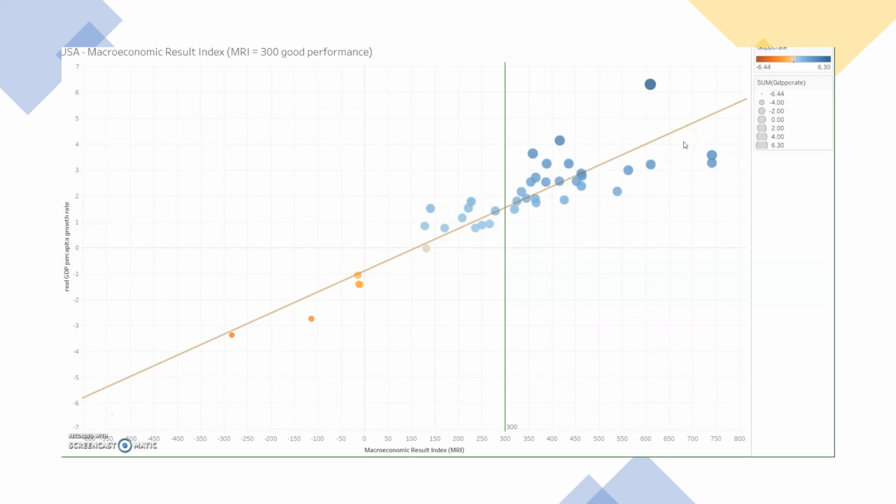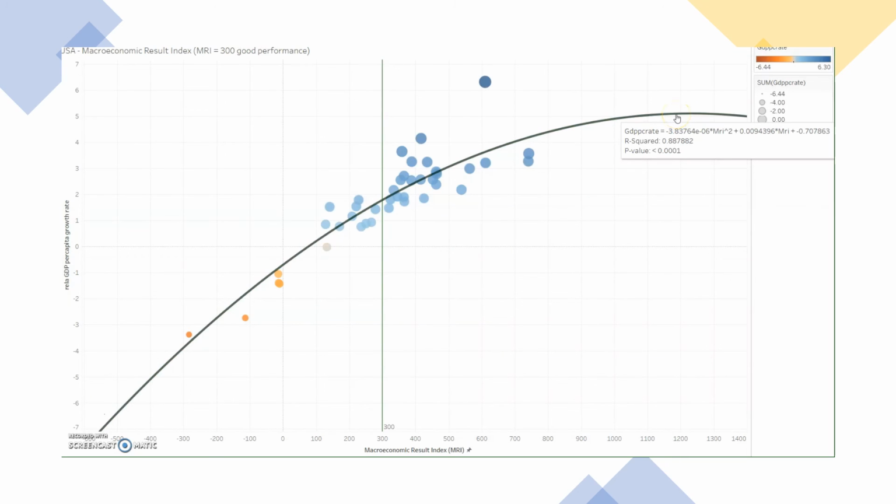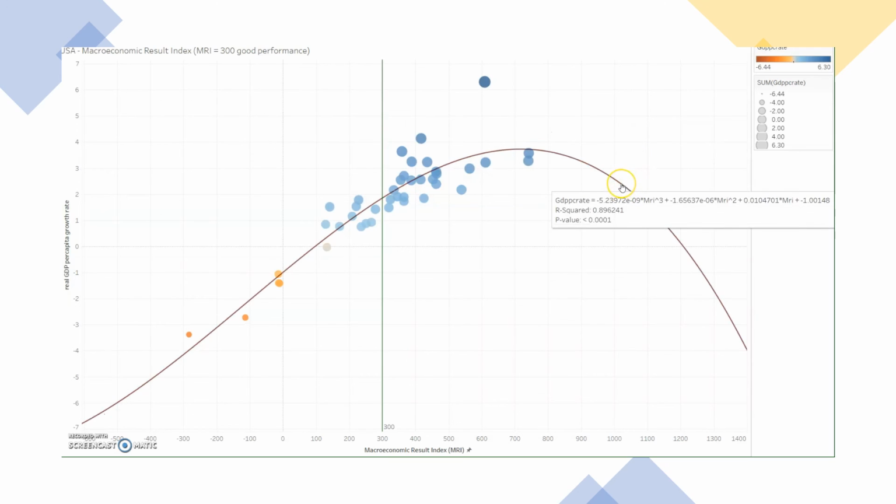Okay, here we have the linear regression with an R square of 85. Then we have the second degree poly with an R square of 89. And we have the third degree poly with an R square of almost 90. All right. After seeing the three lines, I guess that we've got a situation here.